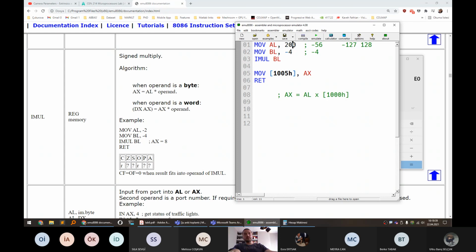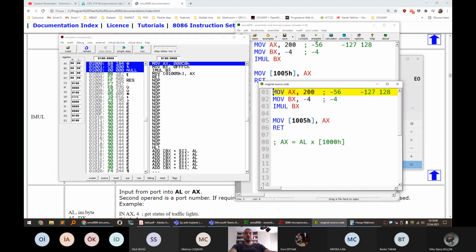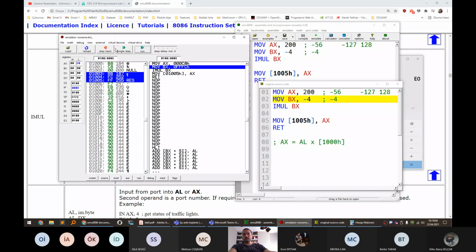In order to multiply 200 with -4, I'm going to use AX. Let's use it this way. But it should be BX too. This time it is 200.